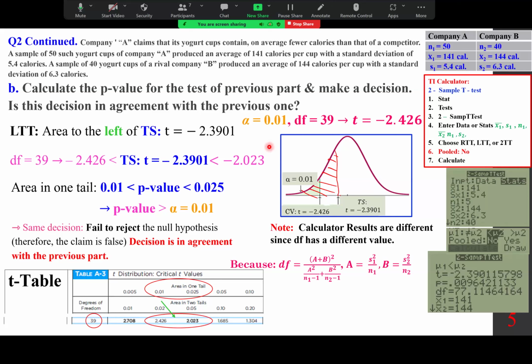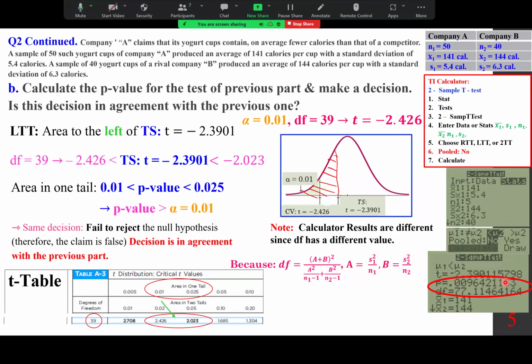Normally this is not as different, but here's the formula: (a plus b) quantity squared over a squared over n1 minus 1 plus b squared over n2 minus 1, where a is s1 squared over n1, and b is s2 squared over n2. You don't have to worry about that. The calculator has done the degrees of freedom for you, and the p-value is that.